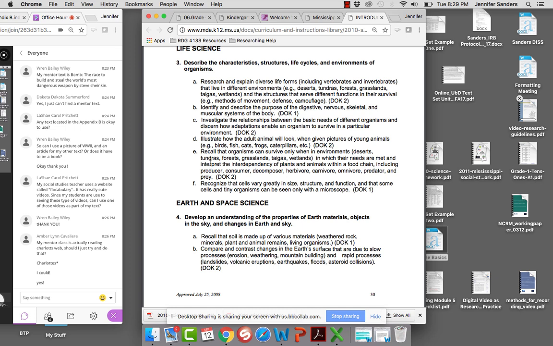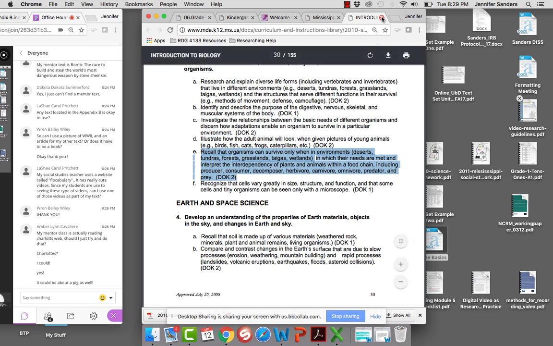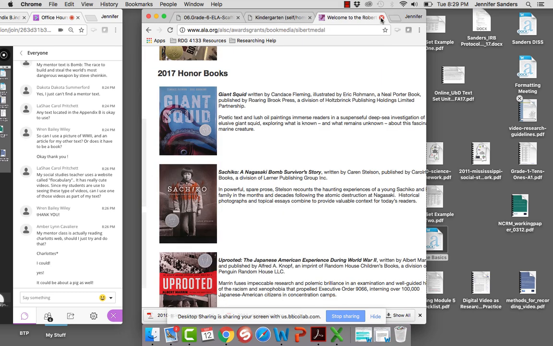Oh, this could be cool. You could use this one. Recall how organisms can survive in environments. Because Charlotte's an environment. And you can do the pig as well, and you can compare and contrast the two. So you would want to find an informational text on a pig or informational text on spiders. Spiders would be more interesting, I think, for the kids. So just a thought.